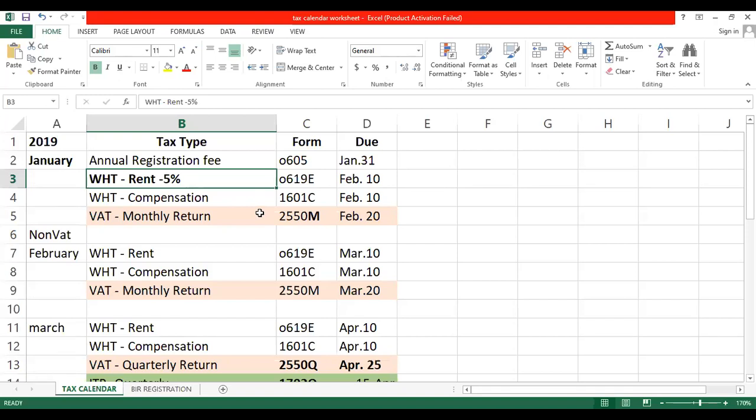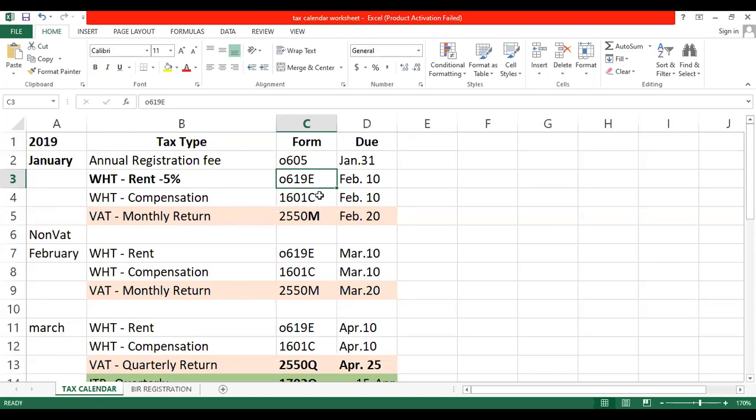You do not pay the whole 100,000 to the lessor. Rather, you deduct 5%, which is equal to 5,000. So what would you do with the 5,000? You deposit it to the bank, in the account of the BIR, and then you will use BIR form 0619E. E stands for expanded, so this is an expanded withholding tax.